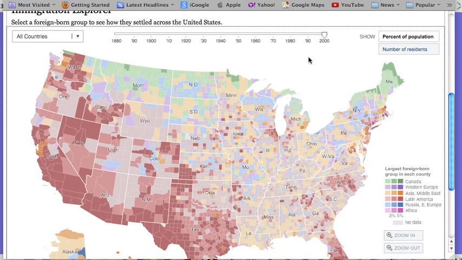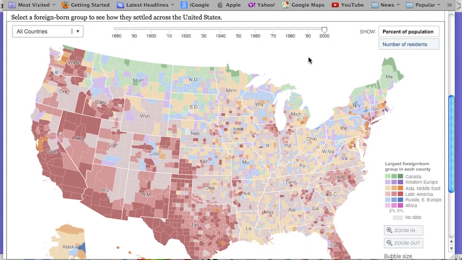This is a map at the data aggregate level of the county, and you can look at the foreign-born in each county. The reddish color is Latin America. You can see green is Canada, purple is Western Europe, the orange is Asia, Russia and Eastern Europe is blue, and then Africa pink.